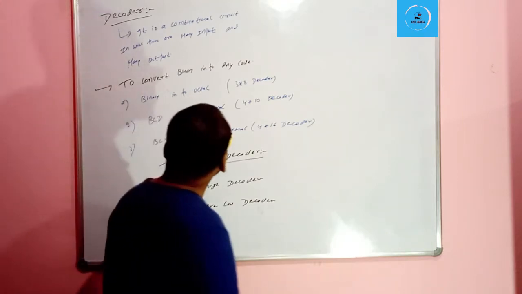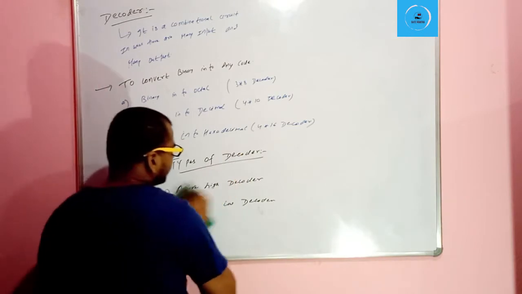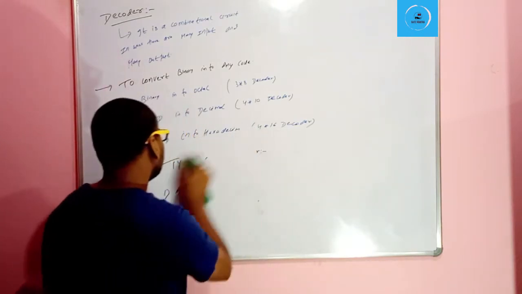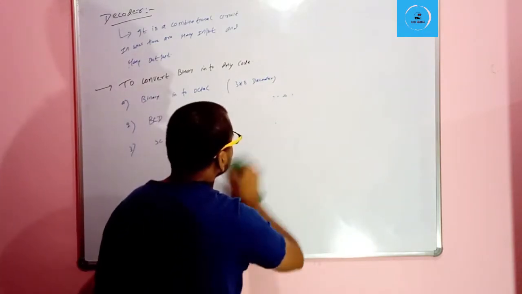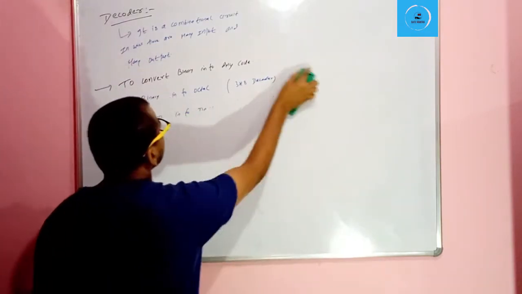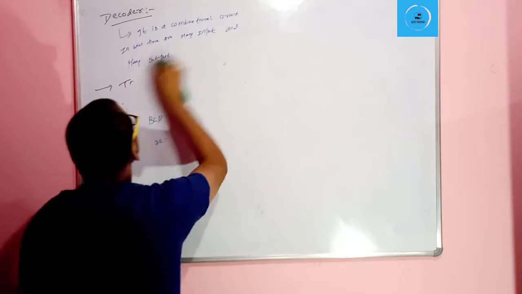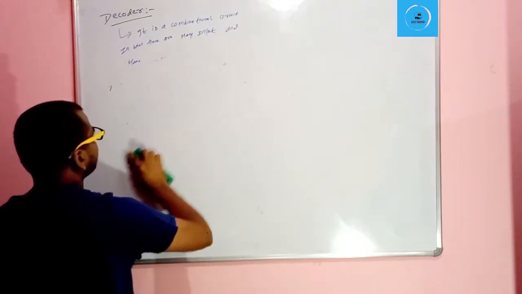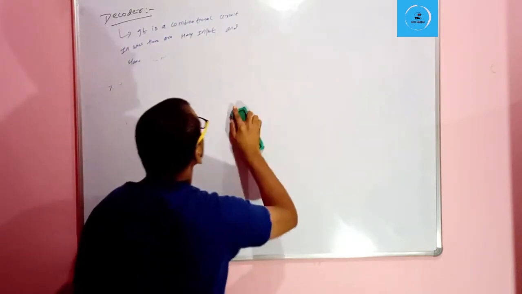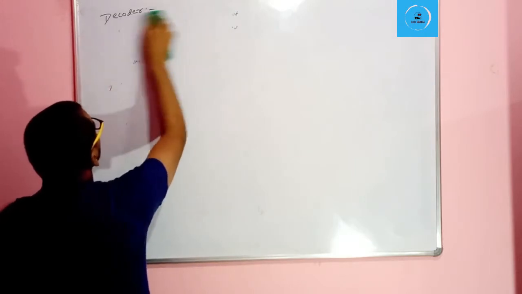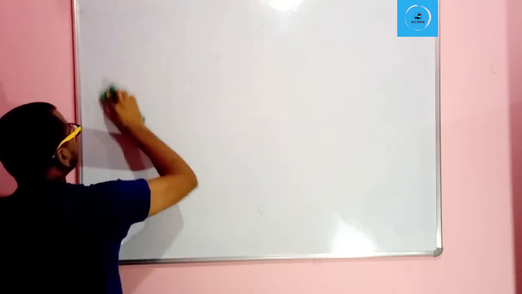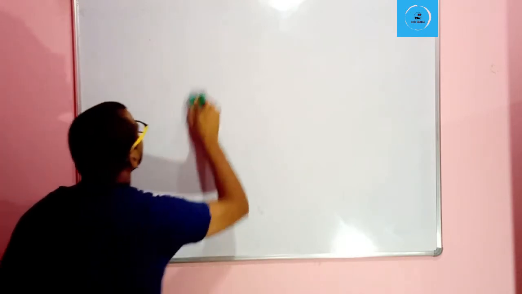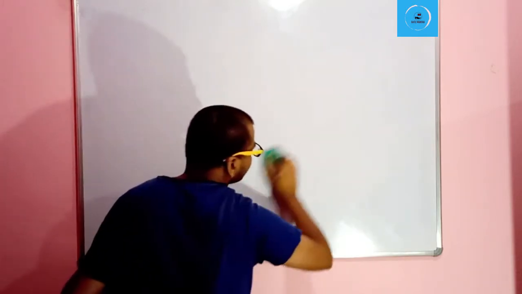So first we will see the 2 to 4 decoder in active high. This decoder is an important topic in the combinational circuit for the GATE as well as the ESE examination.